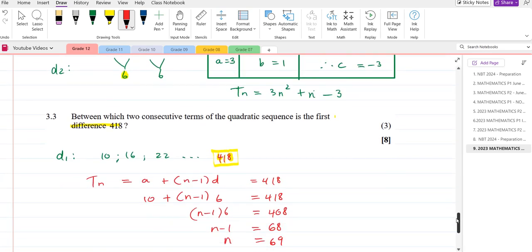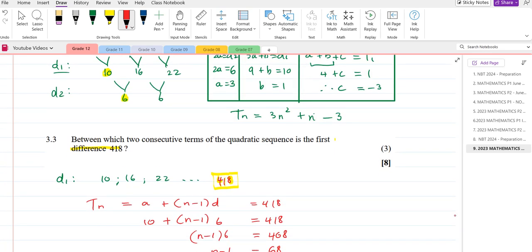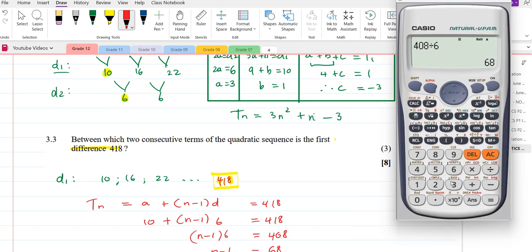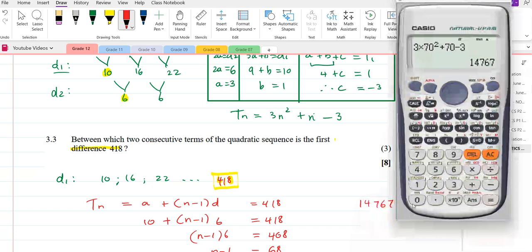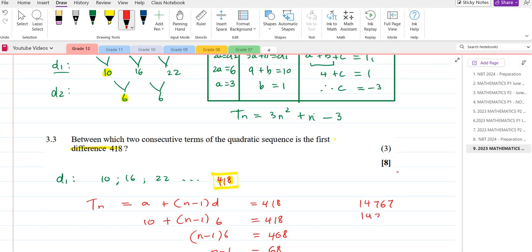So we can check this answer. Let's substitute 70 and then substitute 69 and see if you get 418. So 3 times 70 squared plus 70 minus 3. I've got an answer of 14,767. And if I say 3 times 69 squared plus 69 minus 3, I'm getting an answer of 14,349.